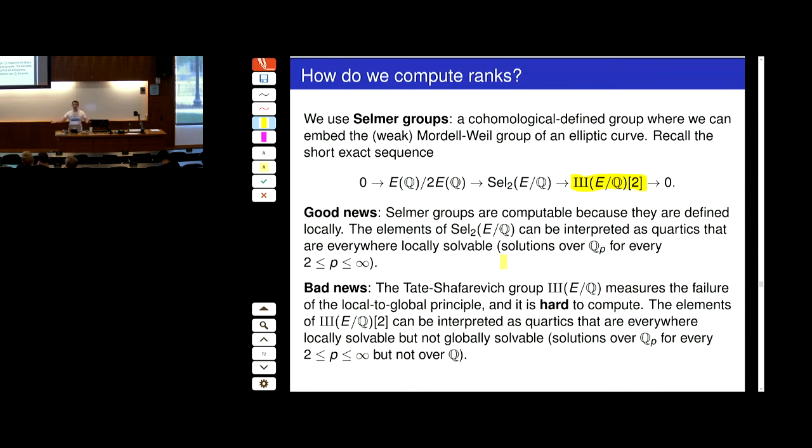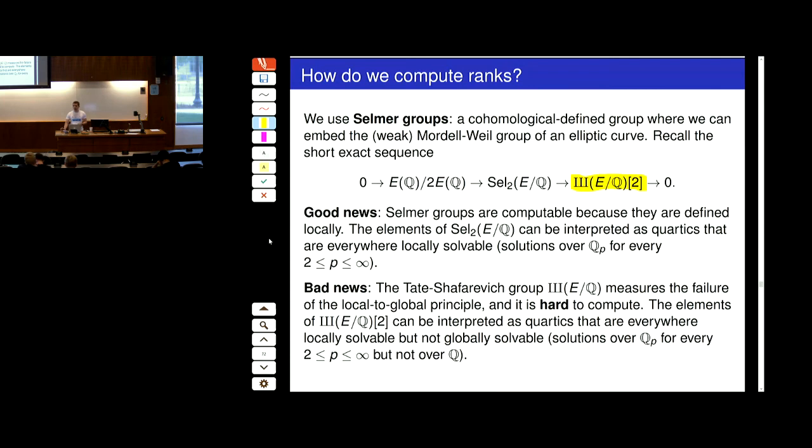Now I need to know, is there a Q point? If these were quadratics, then the whole Minkowski theory would kick in and would tell me, yes, there are global points. Over cubics and beyond it doesn't happen, and then I have to find my way out of this mess. So those elements of Sha can be interpreted as the quartics in here that are everywhere locally solvable, but not globally solvable. And as I said, it is very hard to compute.